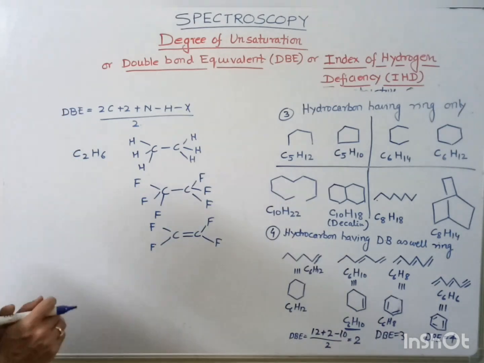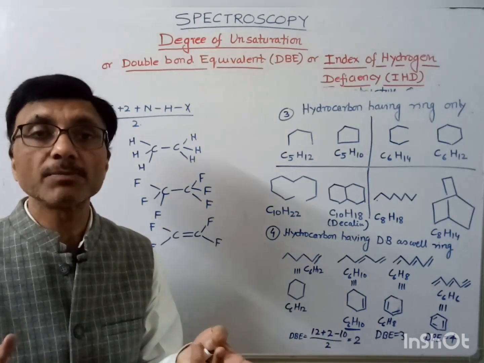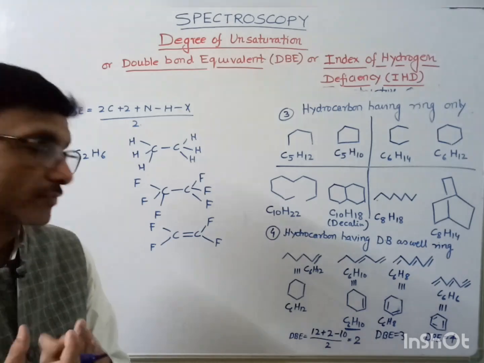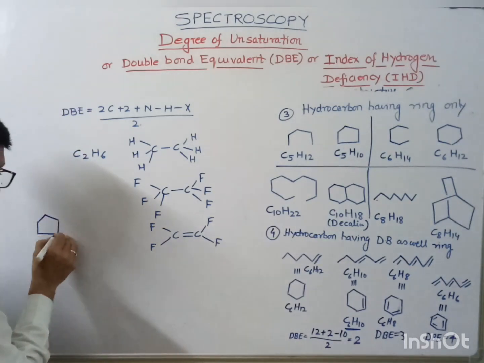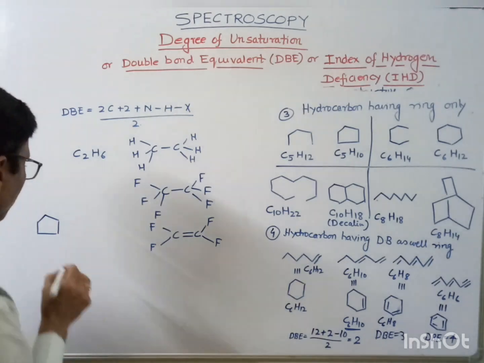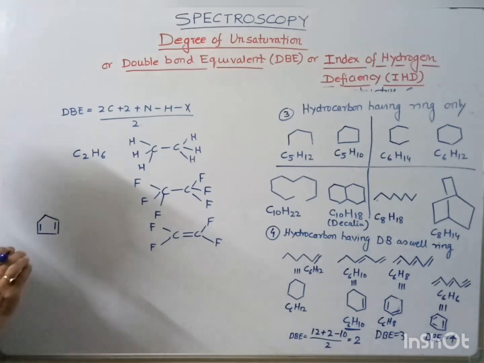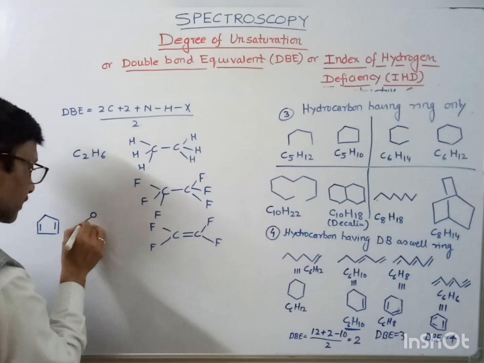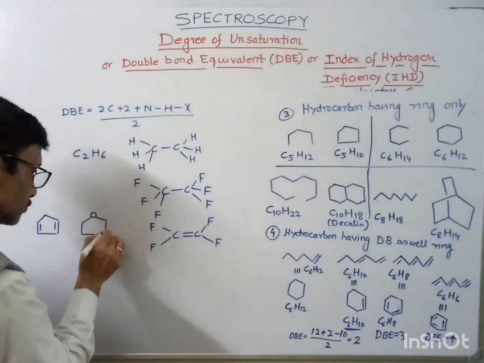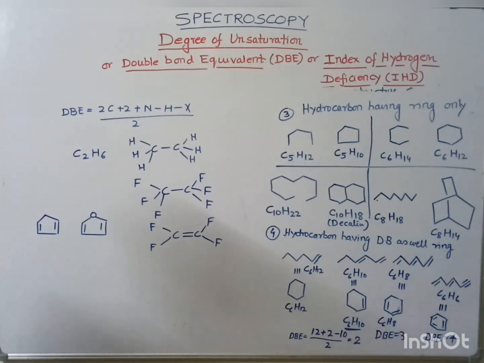Now what about the oxygen atom? Can a double bond reduce the number of oxygen atoms? Let us see. Suppose we have this pentane ring, and we put double bonds in this ring, and now I put an oxygen atom in this structure. The oxygen atom doesn't affect the DBE value.